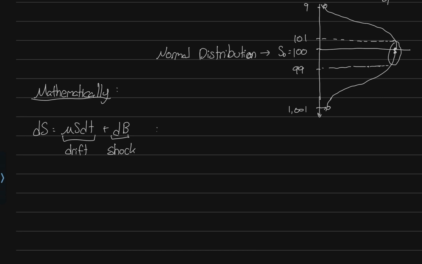And B is going to be our Brownian motion. And B is a function of time.